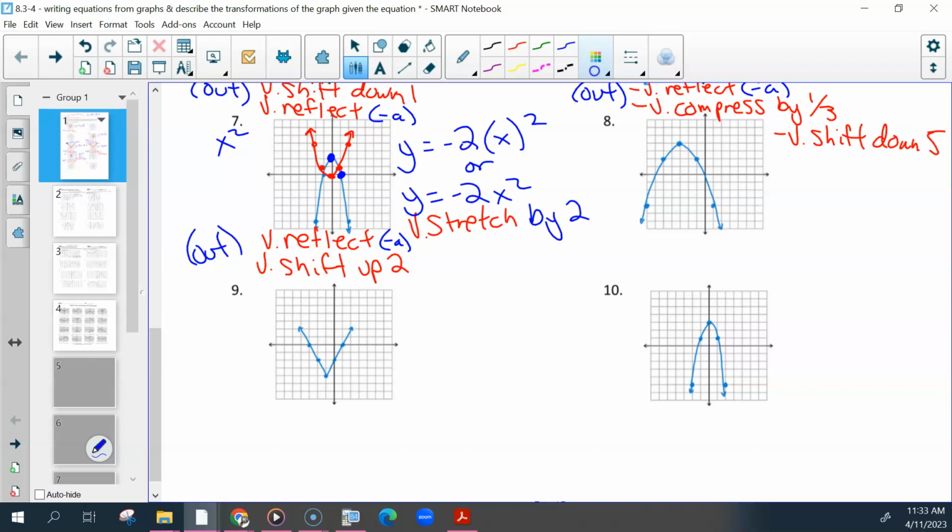And then vertical shift up 2. Do we have any questions on that one?